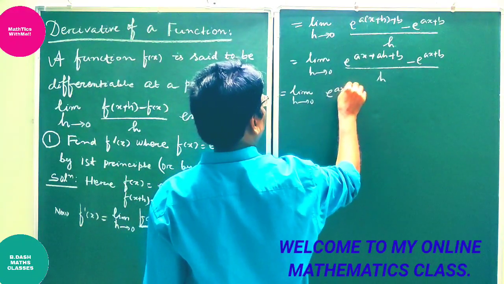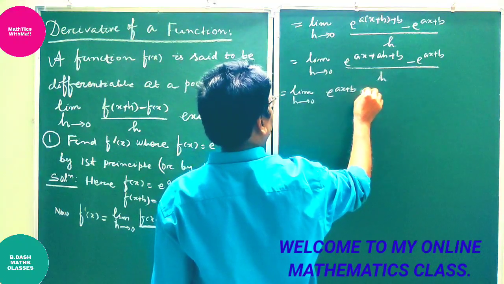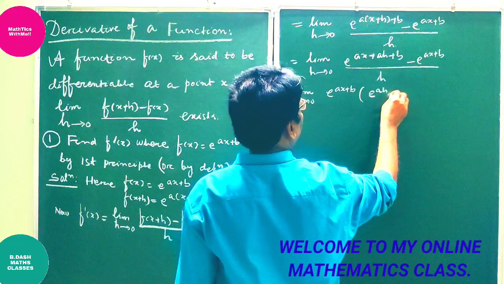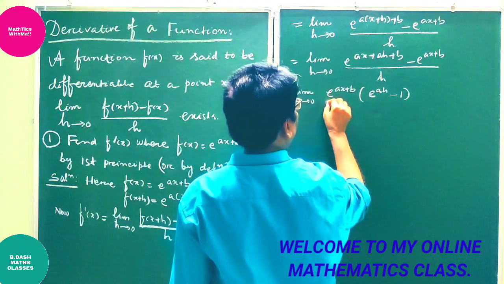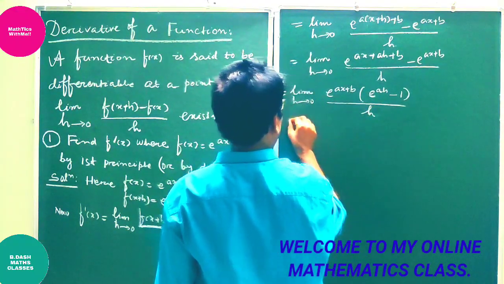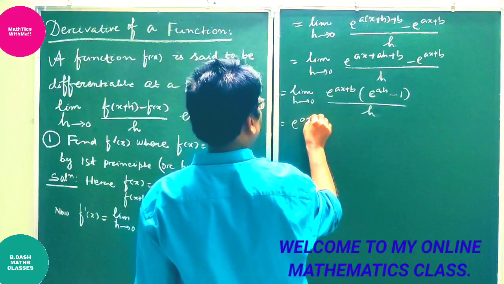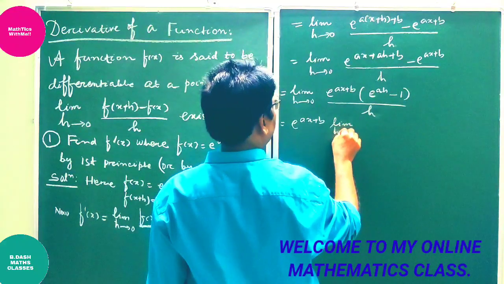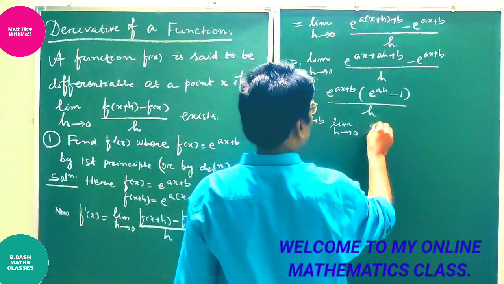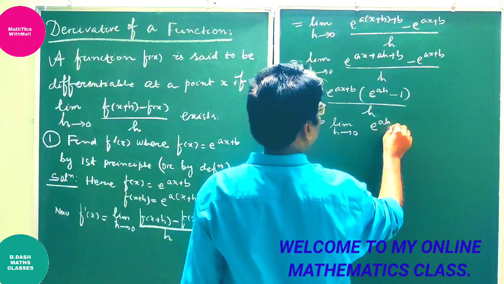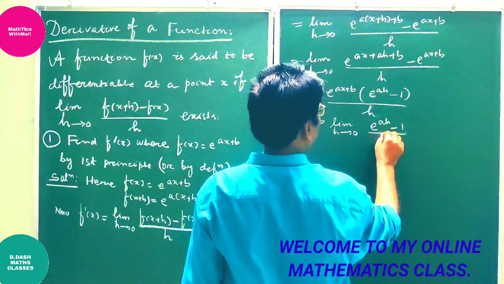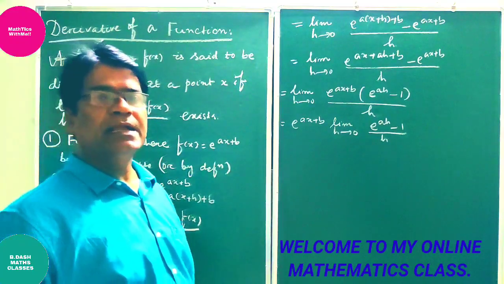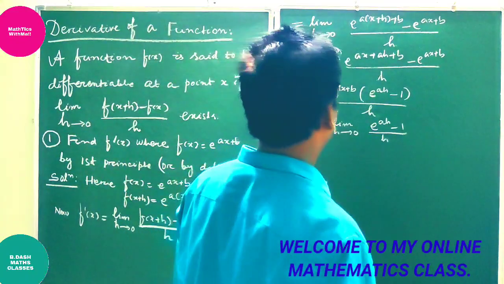We can take e to the power a x plus b common, so that e to the power a h minus 1 divided by h. So here e to the power a x plus b is outside.